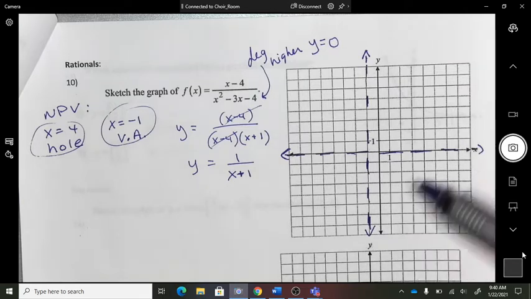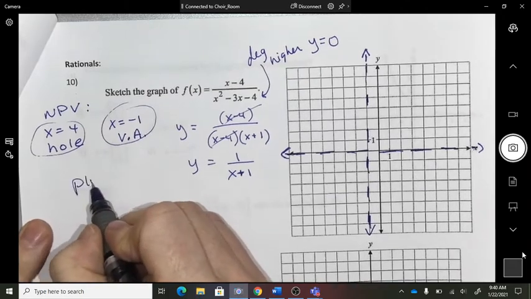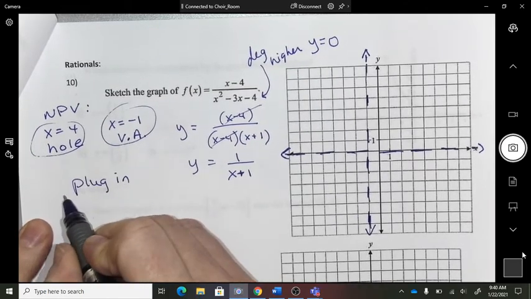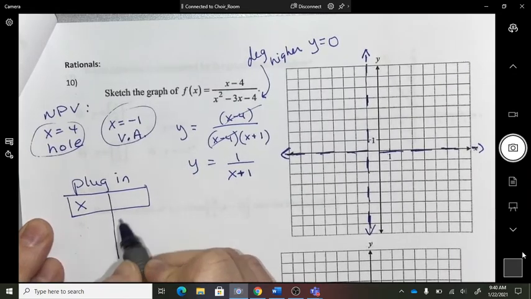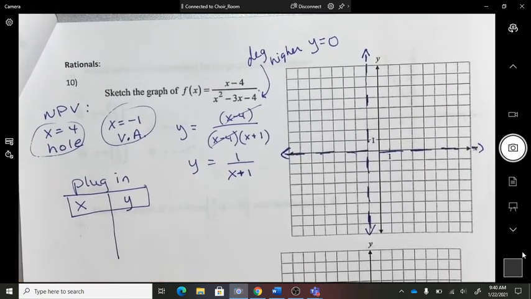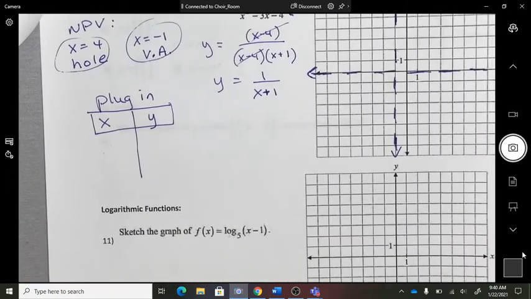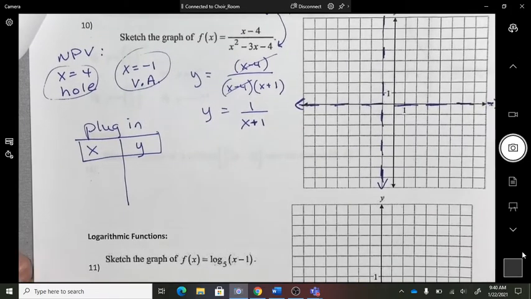Okay, now I need to figure out what's actually happening as a shape. So I'm going to plug in. I'm going to make an XY table here. So what are some good X values to plug in?